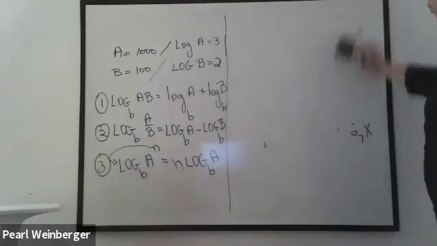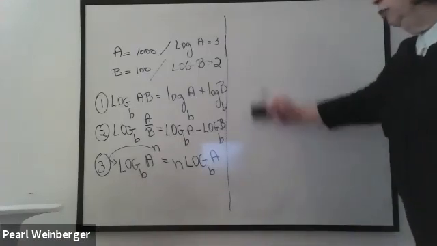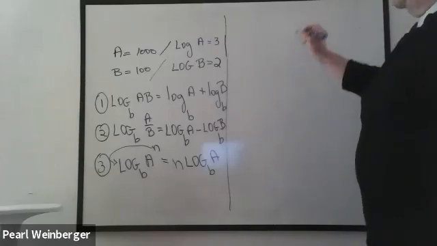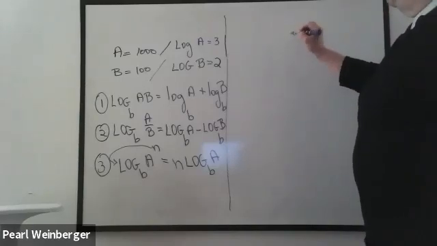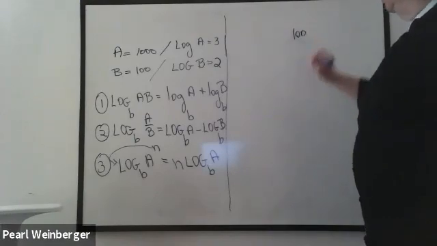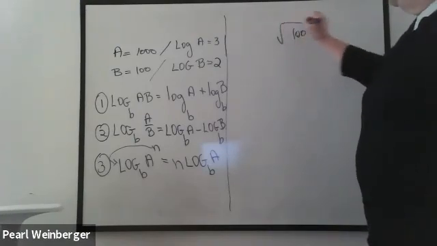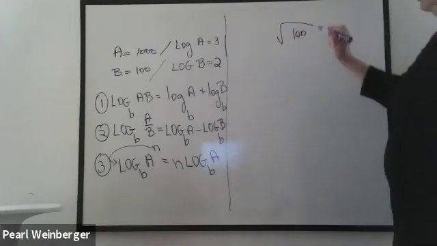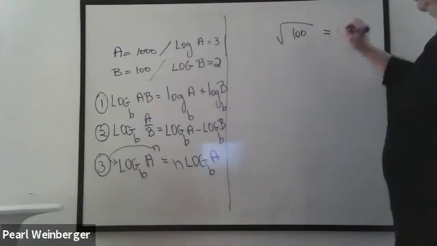The 4th rule is really just an offshoot of rule number 3. Suppose I had the number 100, and I wanted to take the square root of 100. Well, if you remember, another way of writing square root is to use an exponent.